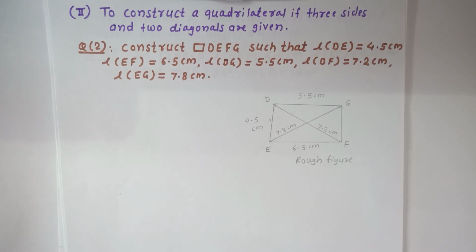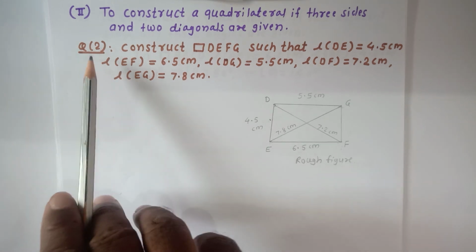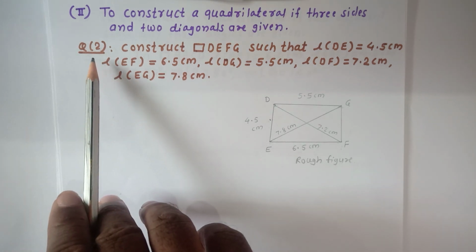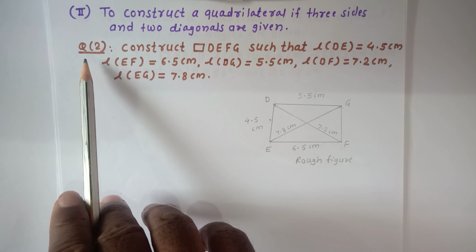Number 2. To construct a quadrilateral if 3 sides and 2 diagonals are given. Now let's solve question number 2 from practice set 8.1.